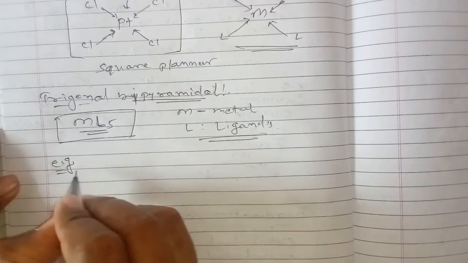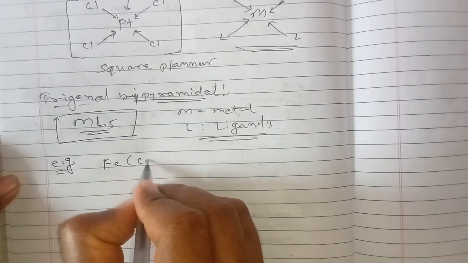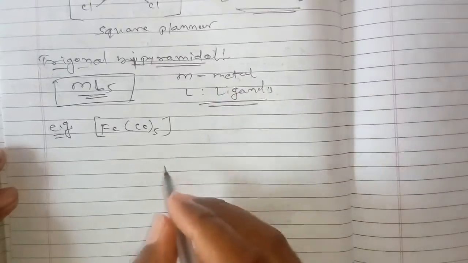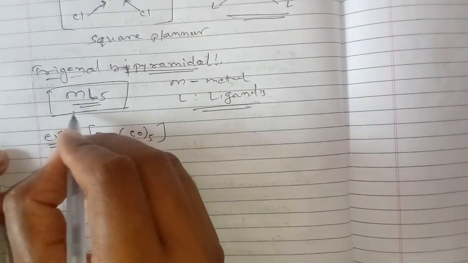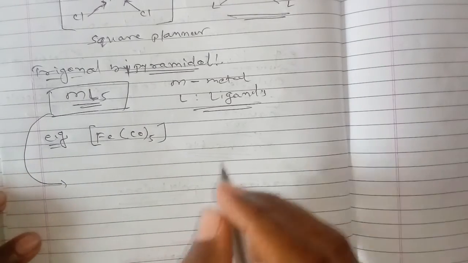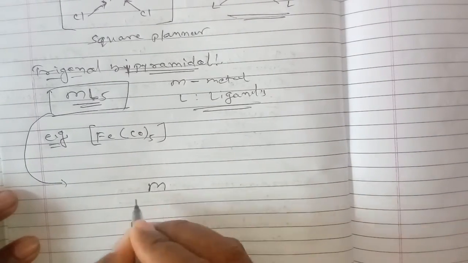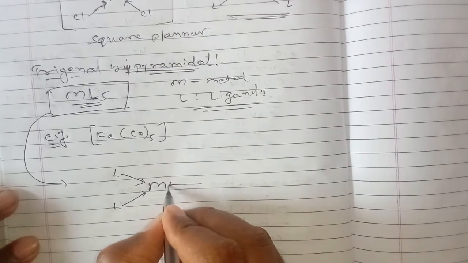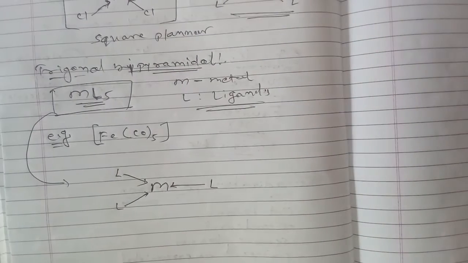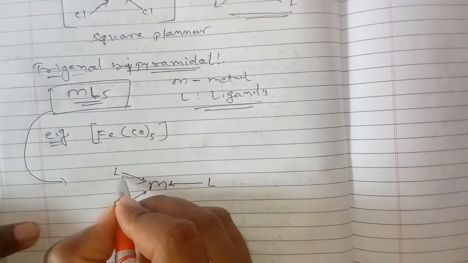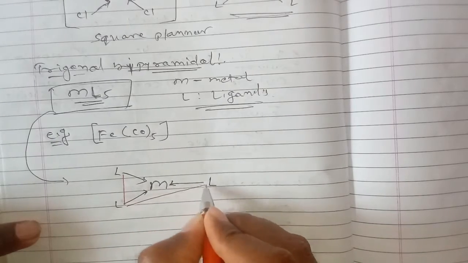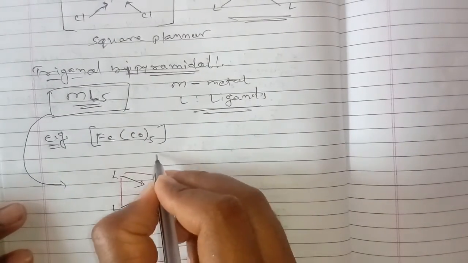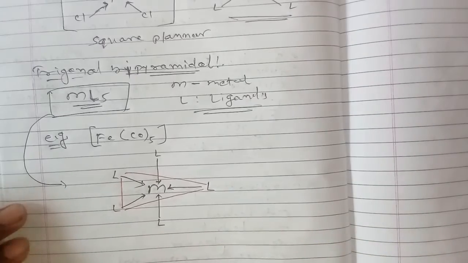For example, FeCO5, or here for general structure, the 2 ligands, and here the 3rd ligand, and the another 2 ligands.